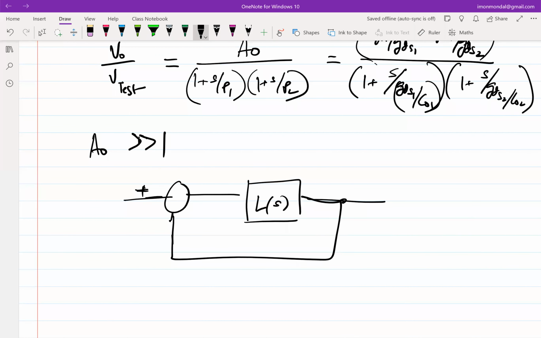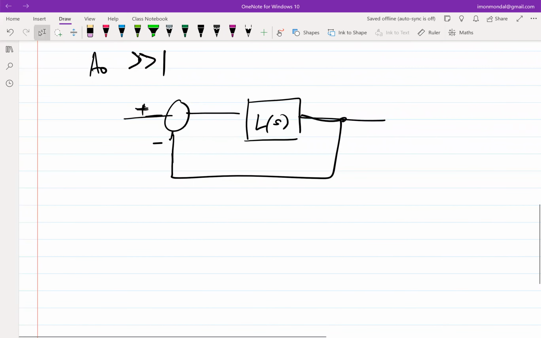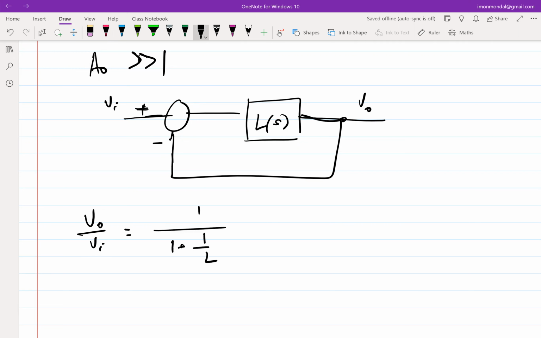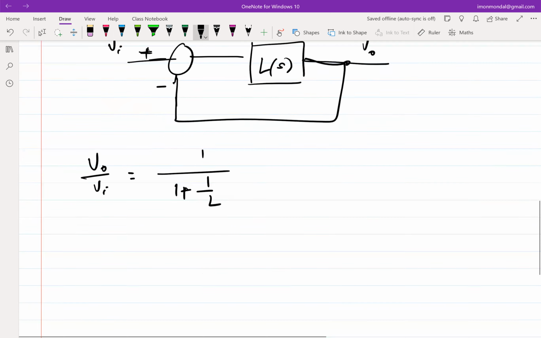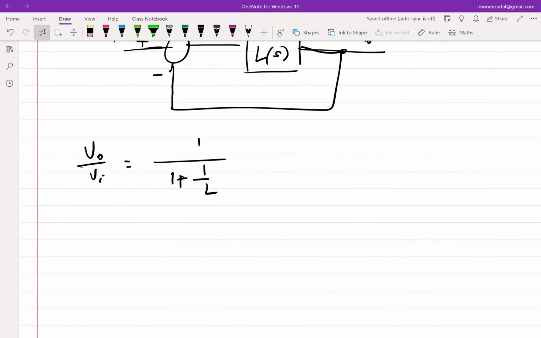Okay. So what will be your V0 over Vi? V0 over Vi is 1 by 1 plus 1 by L. Standard stuff. Which is equal to what, in terms of A0, P1 and everything, if I retain those?